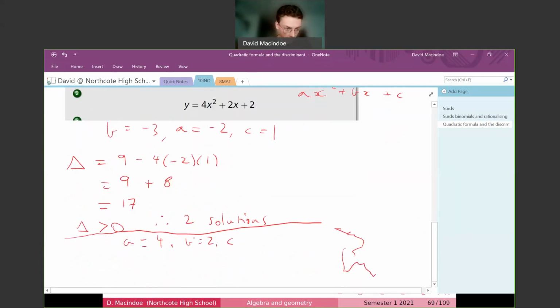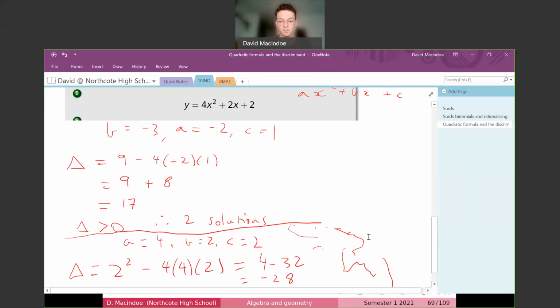So delta, our discriminant, is b squared, so 2 squared, take 4 times 4 times, what was c? c was 2 as well, times 2. So that's 4 take 16 times 2, which is 32. You can see this is going to be a negative number, isn't it? -28, I believe.